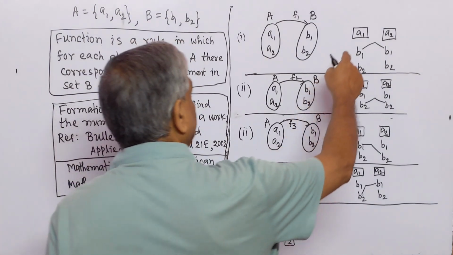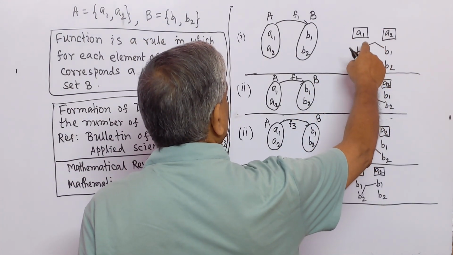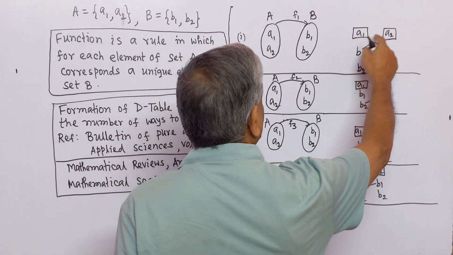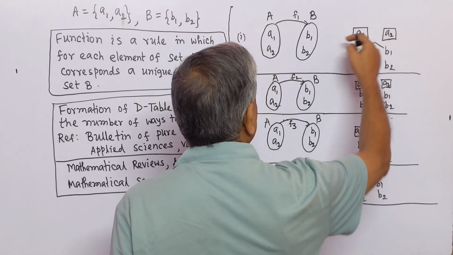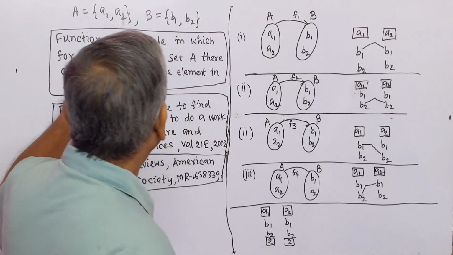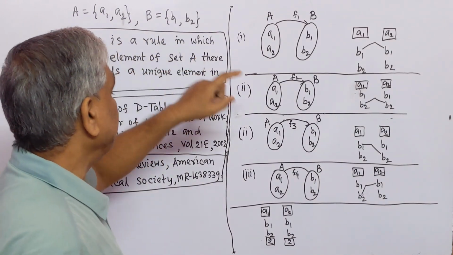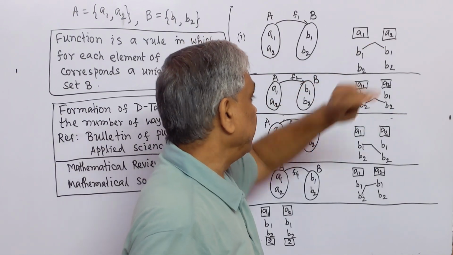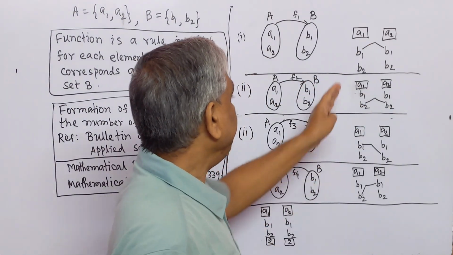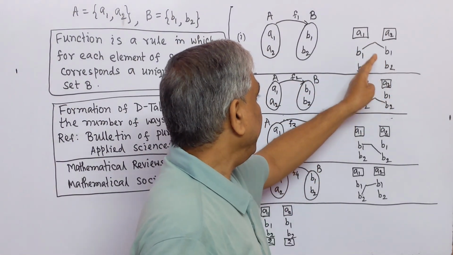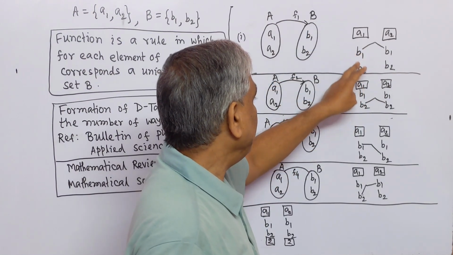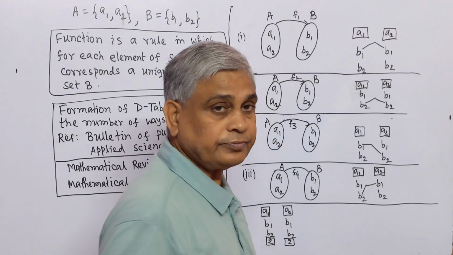Here we have framed a table in which we have written a1 and a2 in squares, since it is given that for each element of set A. So firstly we have written the elements of set A. Here in different columns we have written the elements of B: b1, b2, b1, b2.